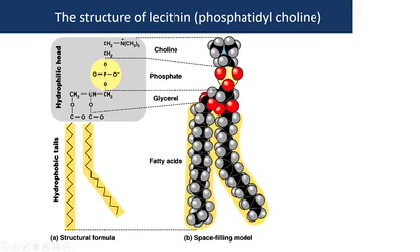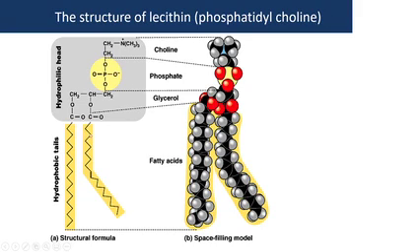So this is the structure. It's written two ways. On the left, the phosphatidylcholine is written as just a two-dimensional structure. On the right, it's written as a three-dimensional structure.